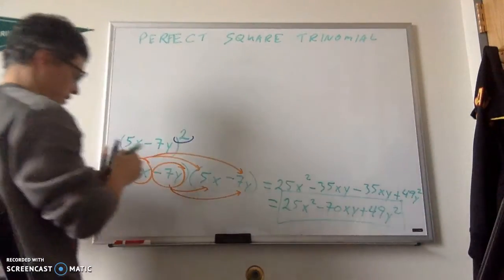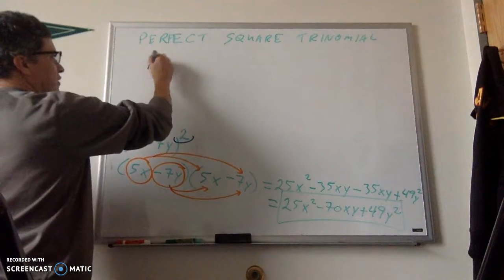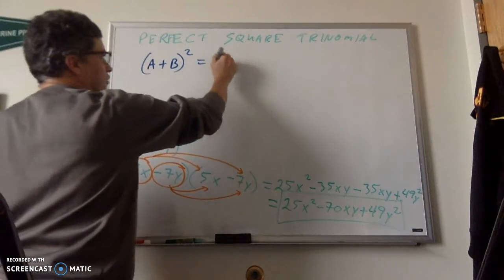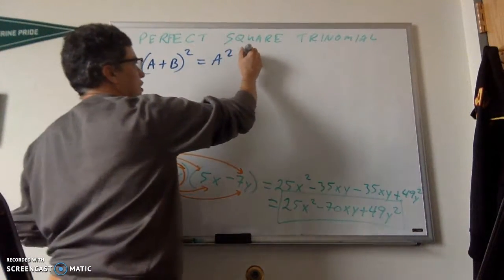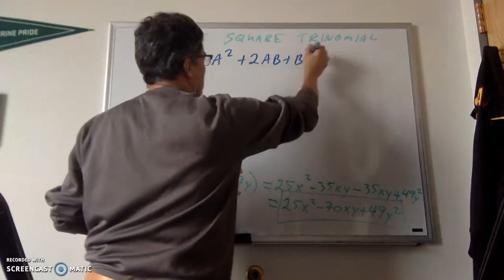Here's what it looks like. My green's going, so I'm going to switch to blue. If you have a plus b, quantity squared, the formula looks like this: a squared plus 2ab plus b squared.